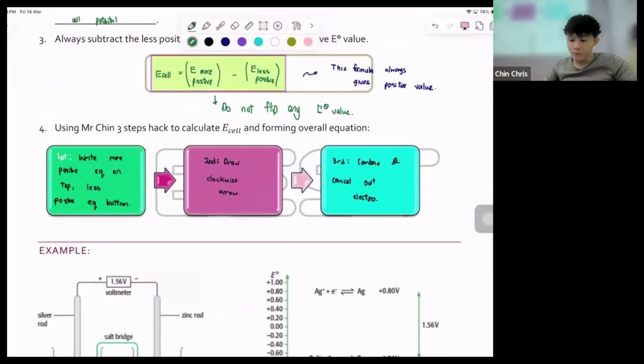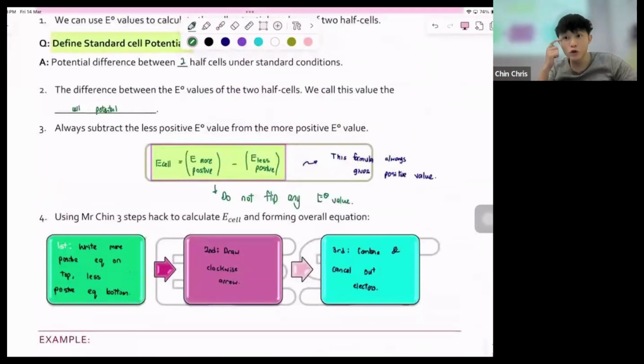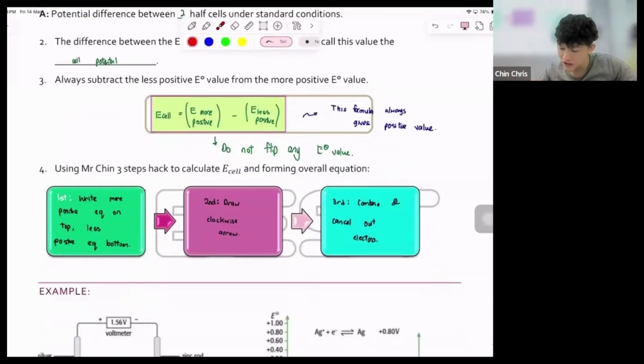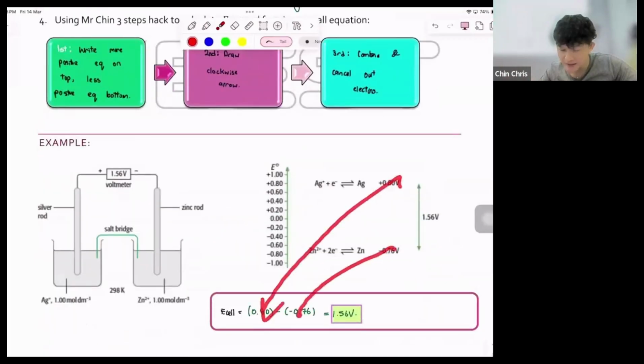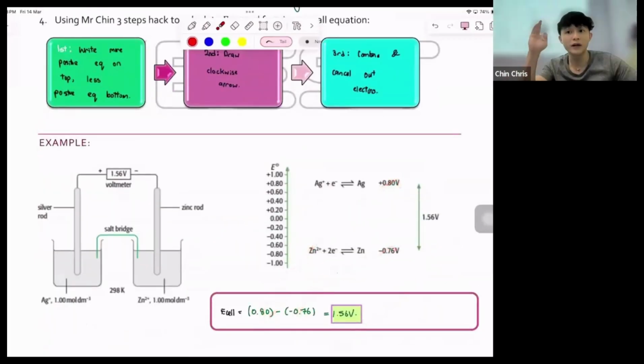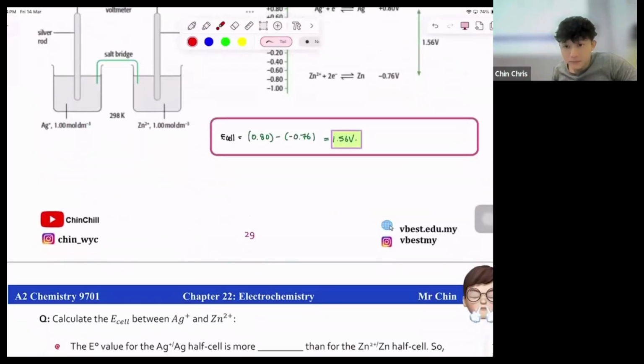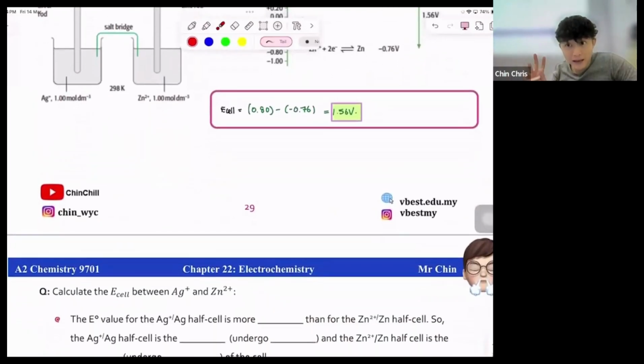If you're using your school teacher method, don't apply it here, it will not work, because your school teacher might teach you how to flip the value. If you're applying this, don't flip, just copy and paste. Whichever is more positive pays, less positive pays, that's the value. This formula is very no-brainer. It's that simple. But if you were to flip, don't use my method, please.